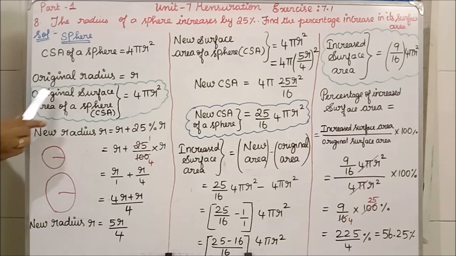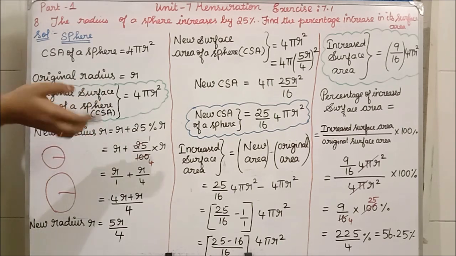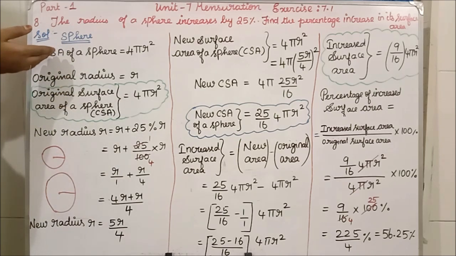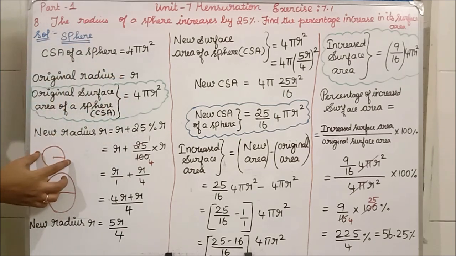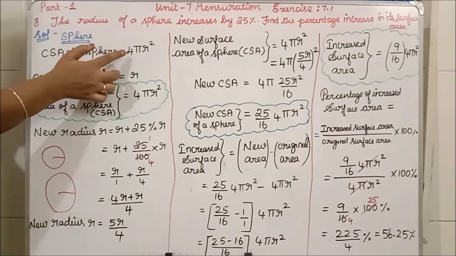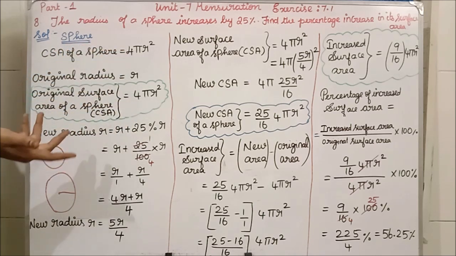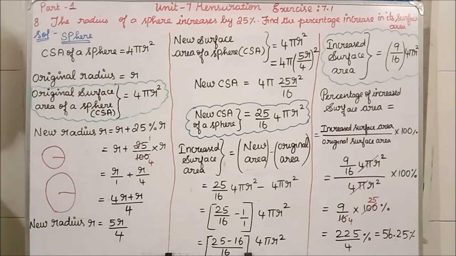The original surface area of a sphere means curved surface area only. When the radius is r, the curved surface area of the sphere is the same formula, 4 pi r square. Next we are going to speak about the new radius and new surface area. Here first we have the original radius and original surface area of a sphere. Next we have to find the new radius and new surface area of the sphere.